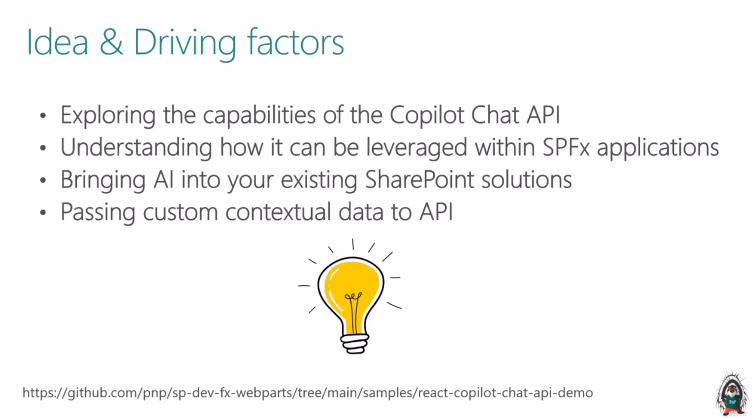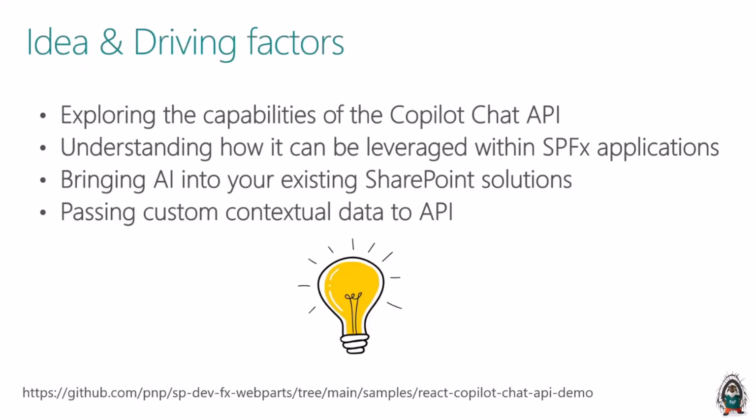And if you wanted to add some AI capability into your existing solution, and you already have your Copilot license available, then why would you have to rely on any external AI APIs, right?